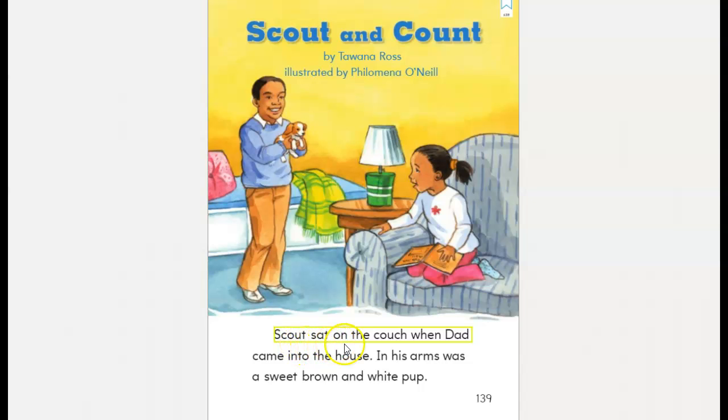Scout sat on the couch when Dad came into the house. In his arms was a sweet brown and white pup.